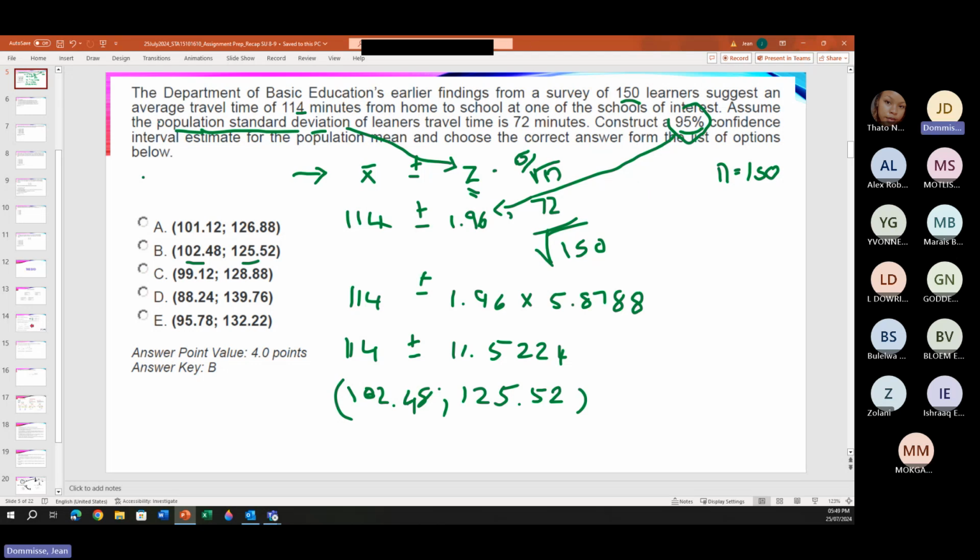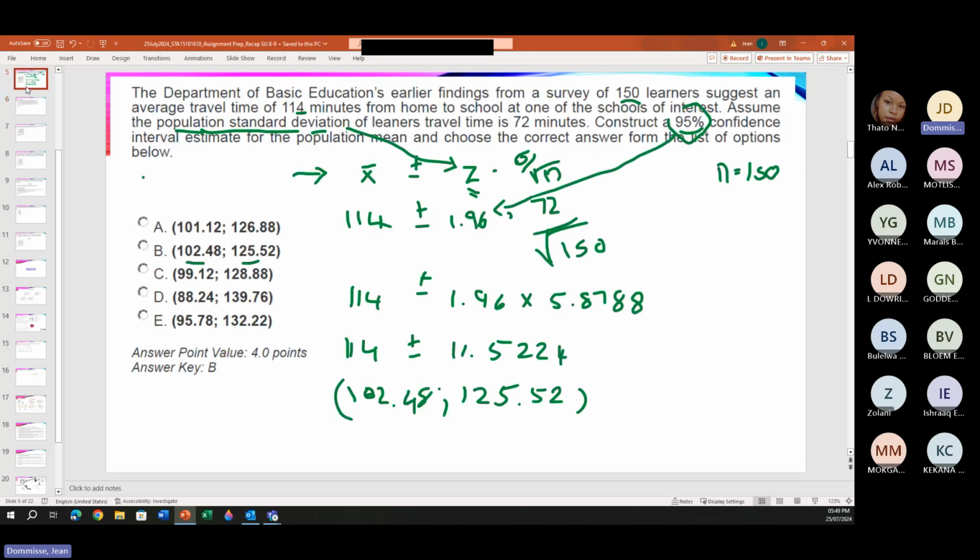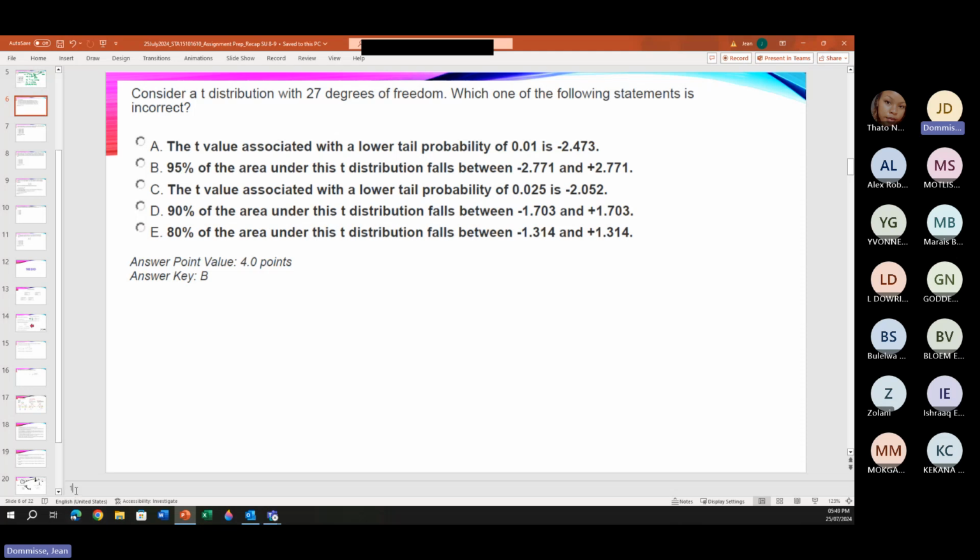Okay, so let's look at this one, because I thought this was also an interesting one. So if you look at it, consider a t-distribution.